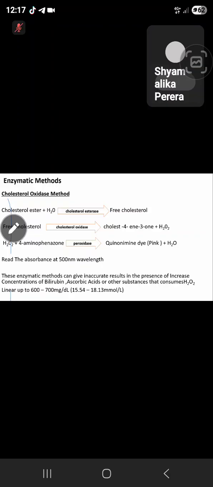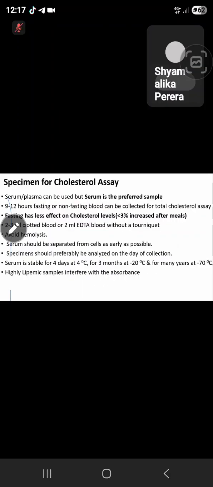Because if you need to get a correct color production, this hydrogen peroxide should be degraded by peroxidase, not the ascorbic acid or catalase or something in your sample. So this cholesterol oxidase method is linear up to 600 to 700 milligram per deciliter. So that means you can use this method to detect up to 700 milligrams per deciliter level of lipids in your blood.